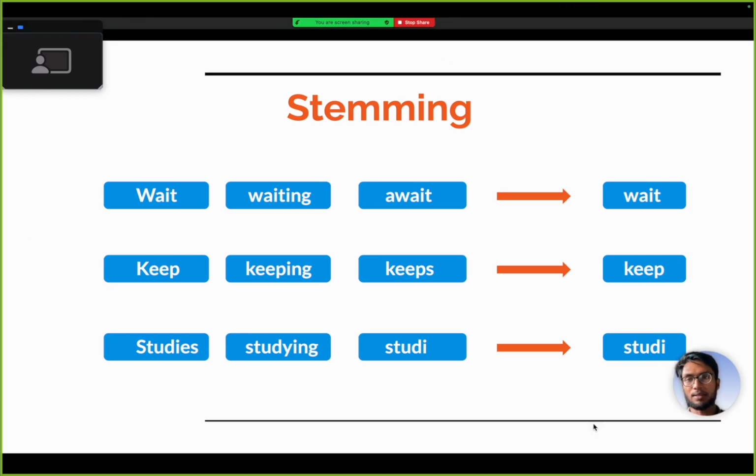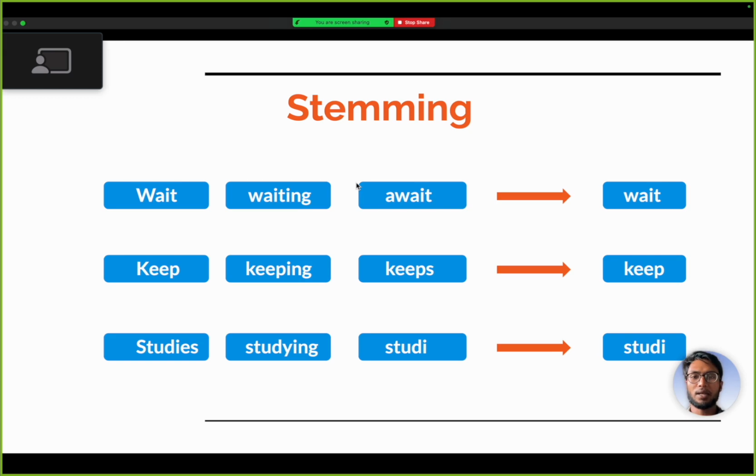So what is the basic idea of stemming? Stemming is finding the common part of all those words. Like in a paragraph maybe we have 10 words.